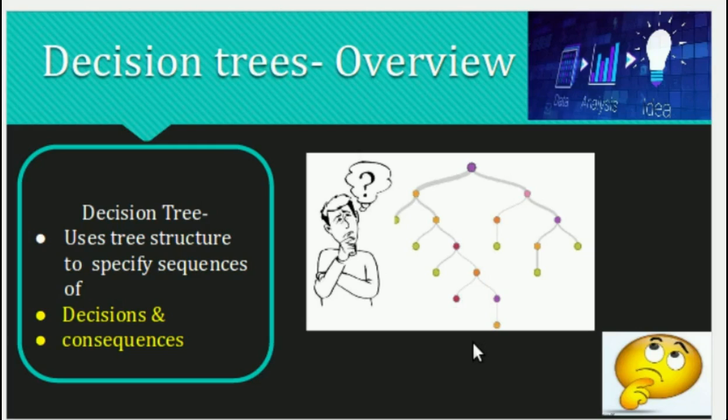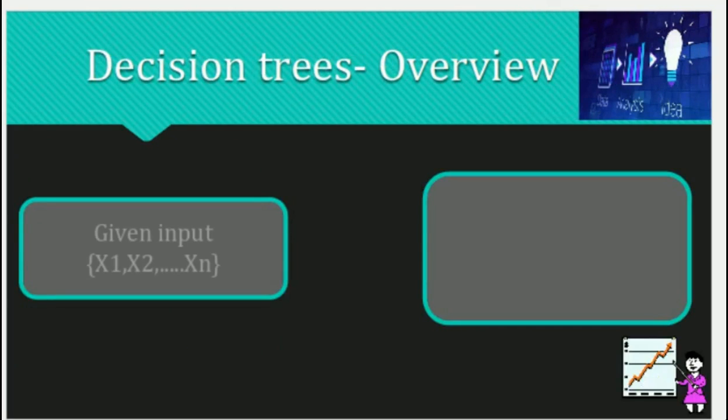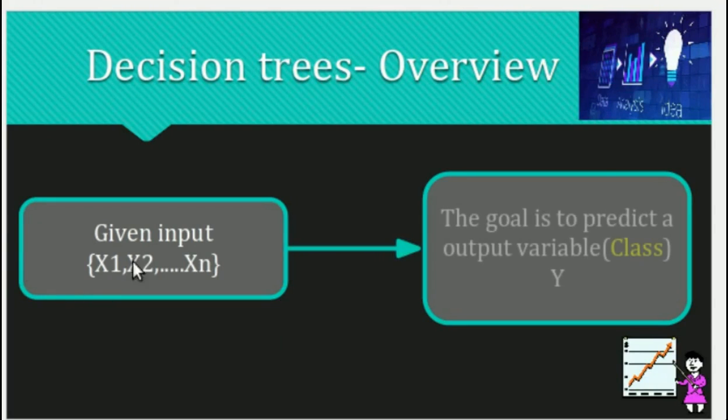Next, we will see what exactly the input and output of a decision tree are. For a given input X, the goal of the decision tree is to predict the response or output variable Y. Each member of the set x1, x2, xn is called an input variable.